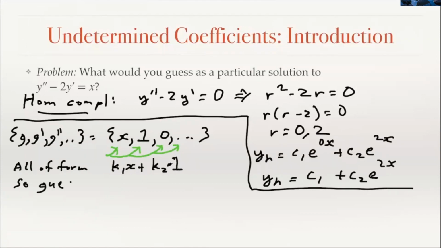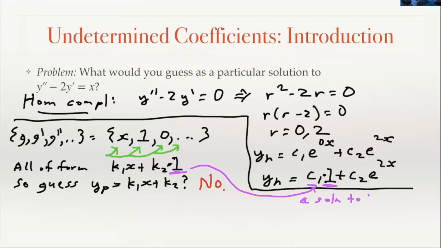So do we therefore guess yp is k1x plus k2? Well, is one of these a solution to the homogeneous complement? Yes, right there. We can think of this as c1 times 1. So the answer to this is no, that is not what we guess, because that 1 in what we would guess is a solution to the homogeneous complement.